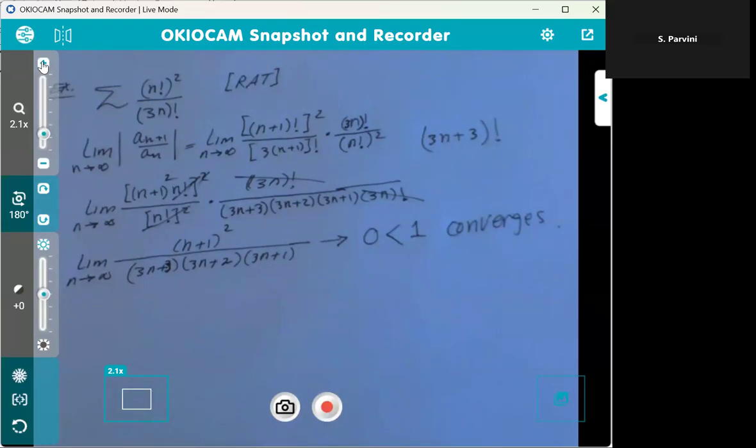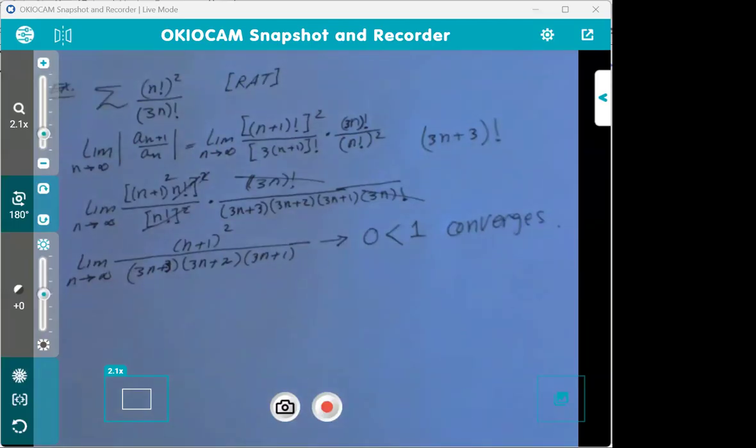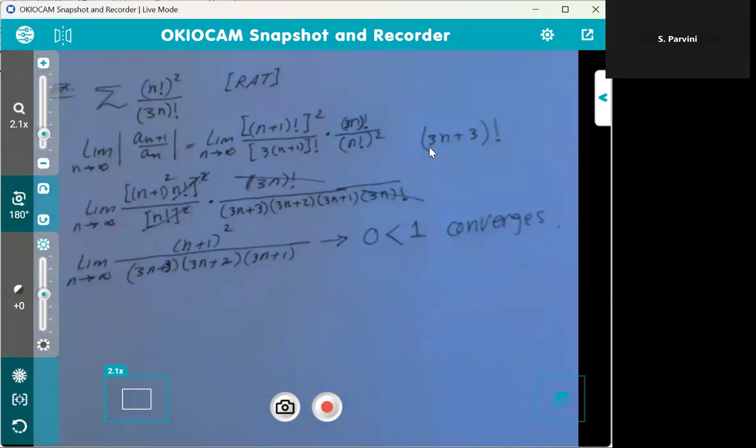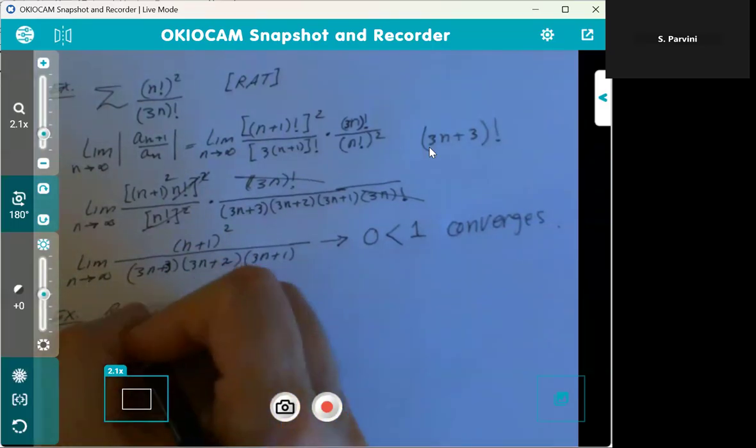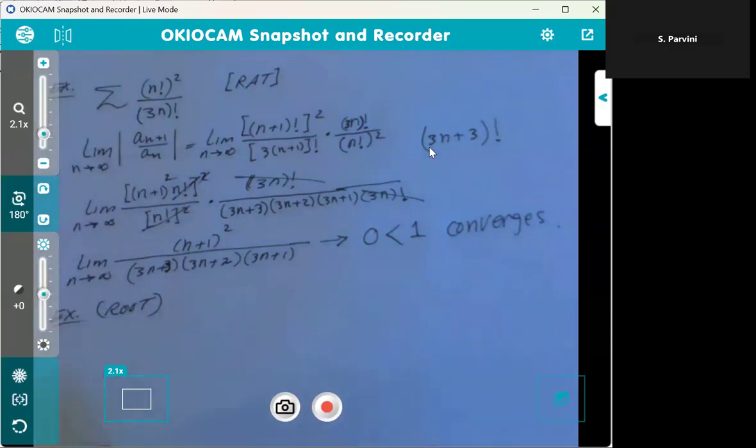Trying to see if I can find a decent example for you folks. Most of the ones I actually have done are by ratio test. Okay, so let's take a look at this one. This is an example of a root test.